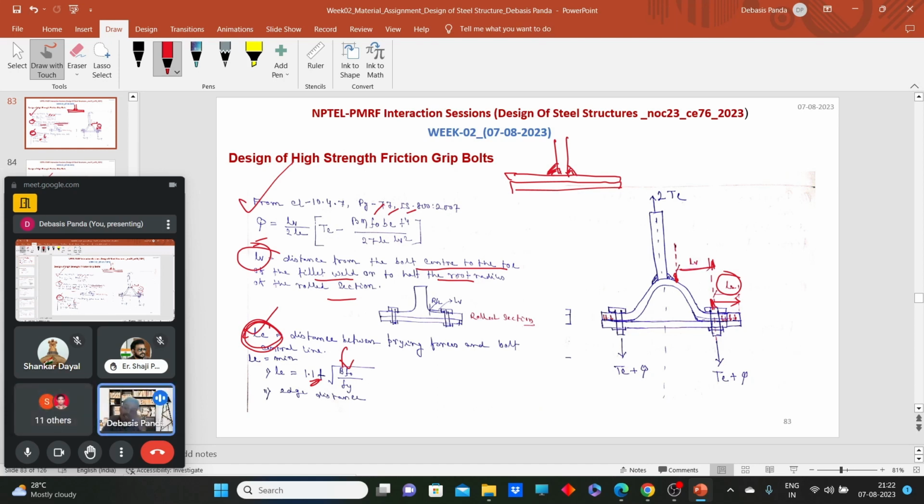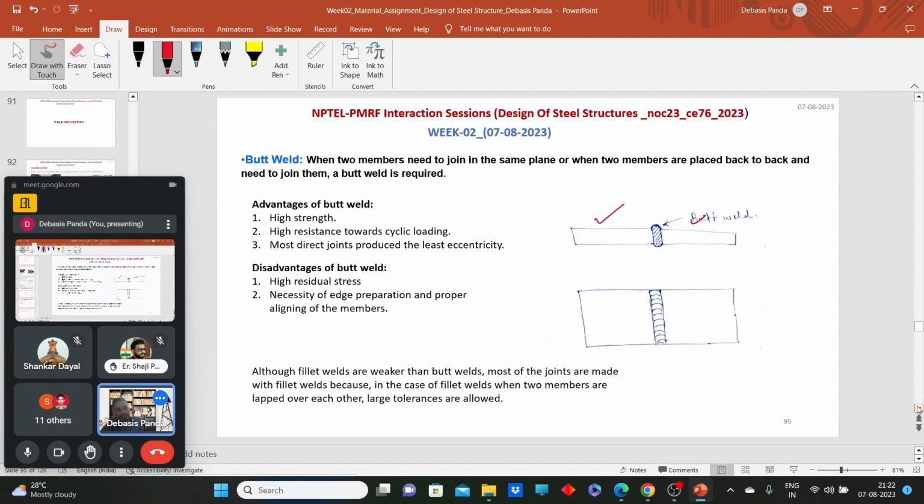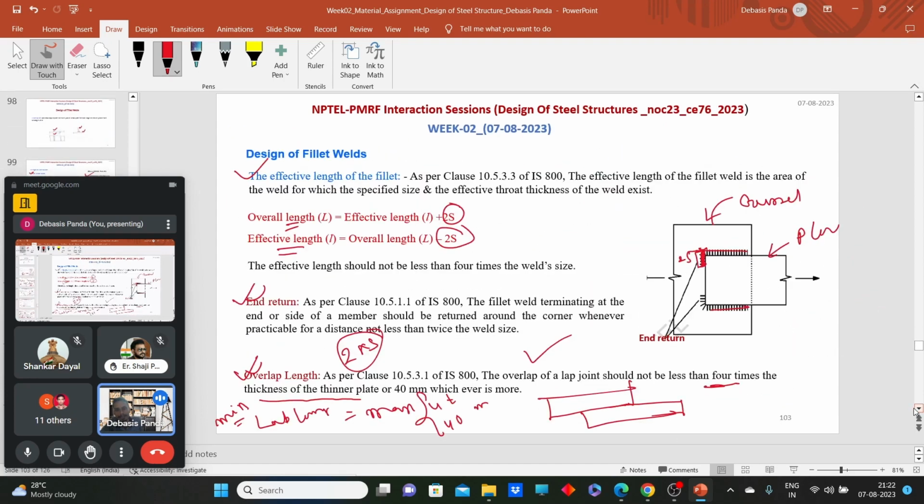If we increase the end distance, the prying force will subsequently reduce. So here we can see that prying force Q is inversely proportional to LE, which is the end distance, or more specifically the edge distance, because this distance is measured along the perpendicular direction of the applied load. So now go to that part of what the question says.